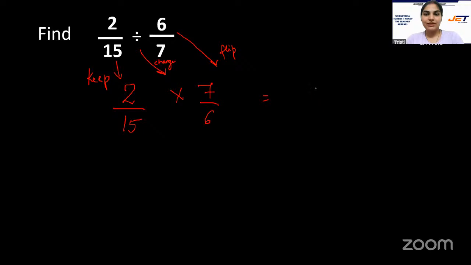So 2 times 7 is 14. 15 times 6 is 90. It's that easy, dear children.